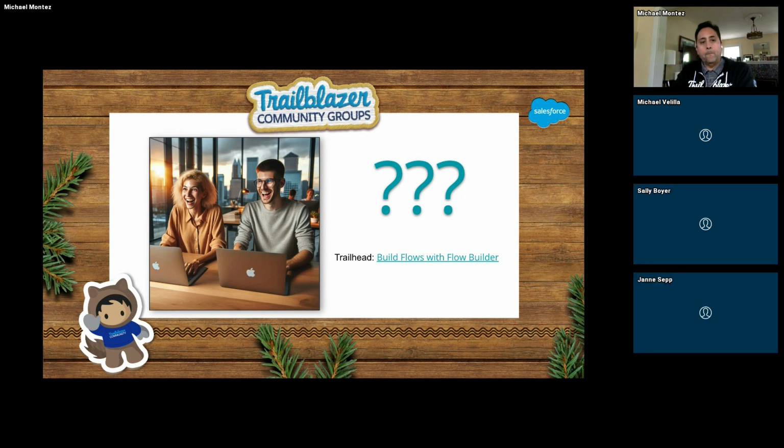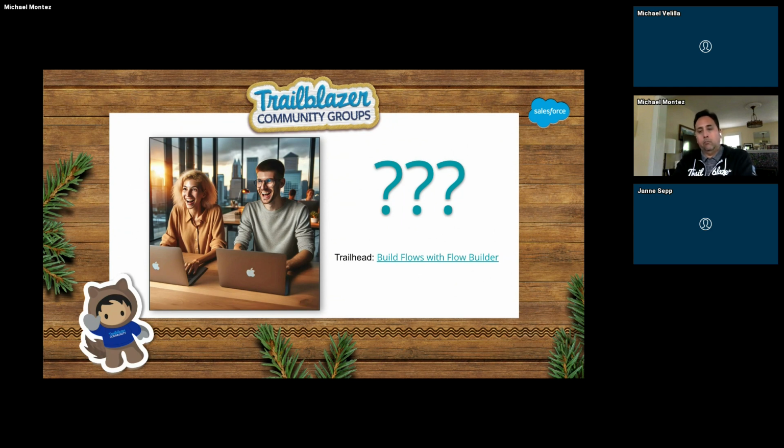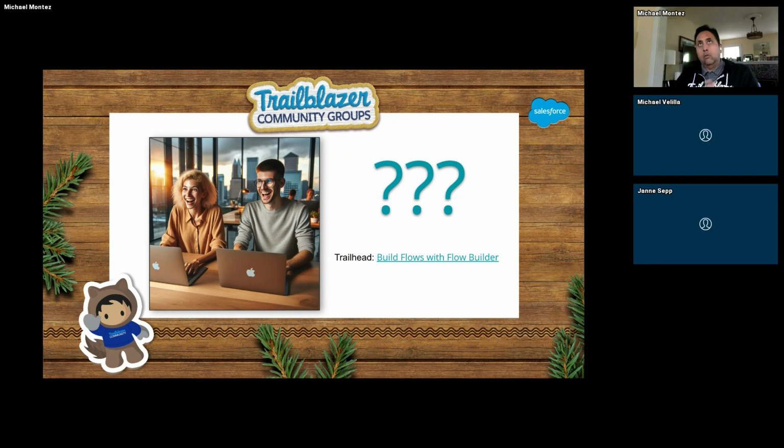So in the flow, once you do the create record, how would you capture that URL or a link to it? And would you then create another screen element for displaying it after the creation? Yeah, when you do a create record, there's an option at the bottom of the create step that allows you to save the ID of the record you just created into a variable.